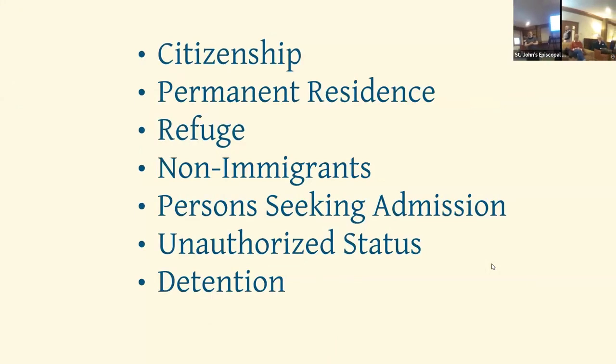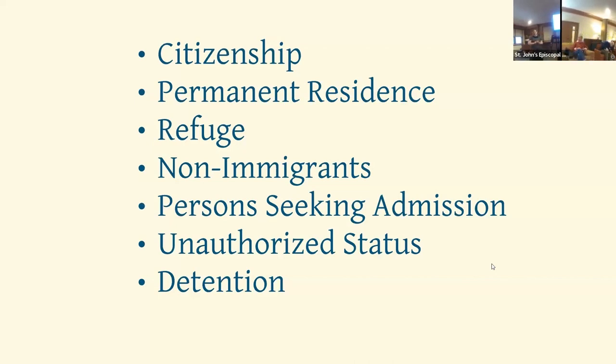Okay, so these are the levels of the hotel. There will be an image later that spells them out, but just in case it's too small, here they are. Citizenship is the highest floor. That's what people born in the US have, so what people are probably most familiar with. Permanent residence, also known as someone having a green card. Refugee or refuge covers refugees and people who have been granted asylum.